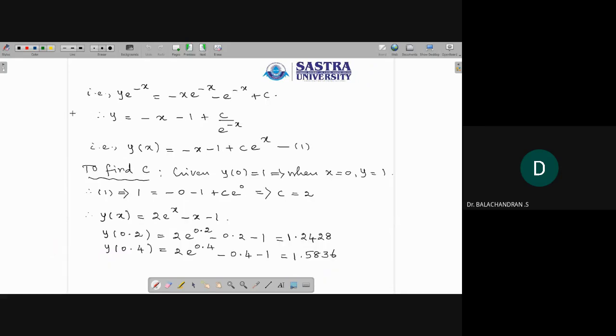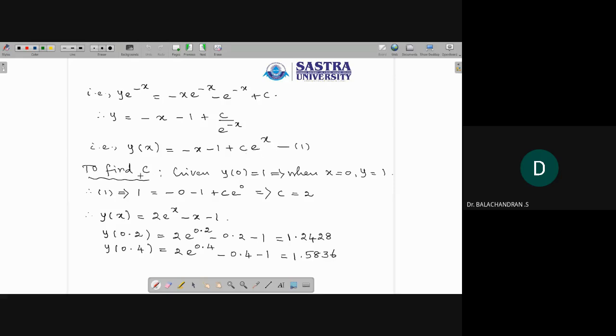Throughout divide by e power minus x, you will get y equal to minus x minus 1 plus c by e power minus x, or y of x is equal to minus x minus 1 plus c into e power x. So this is the solution of the differential equation.